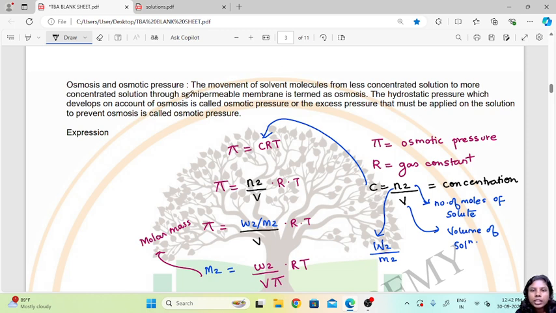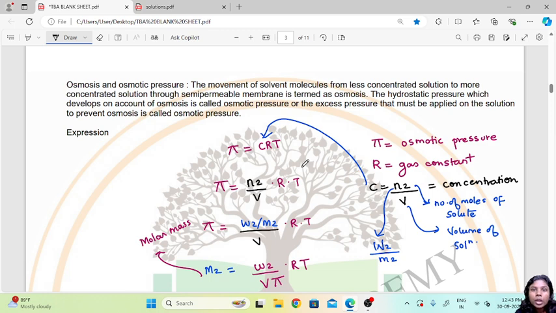Now in this example that we discussed previously, the basic thing that is happening is that the molecules are traveling from one place to another. More specifically, they are traveling from a place where there is lower concentration to a place where there is a higher concentration, correct? Now if this movement is happening, we can say that there is some kind of membrane that is present, because if there was no membrane, no such movement would have occurred.